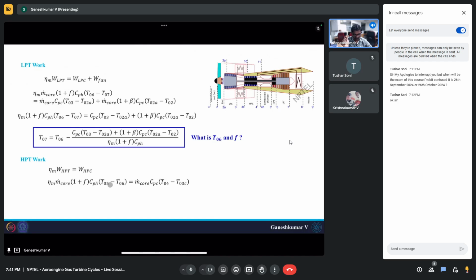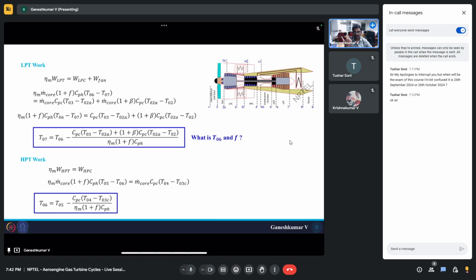Then you have T05, which we know, that is the turbine entry temperature given in the question. T06 is what we are planning to find out. T04 and T03C we already found till now. So the only thing we don't know is T04H. Up to T04H we have found everything. That is when we started going in a reverse manner.